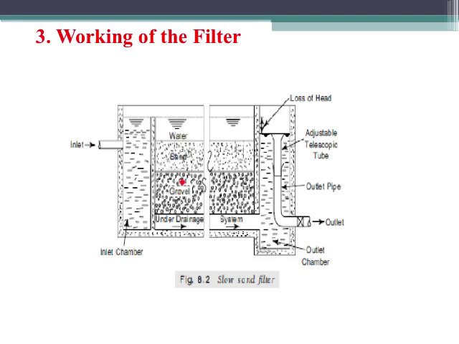The effective size D10 of the sand varies from 0.2 to 0.4 mm, and the uniformity coefficient, that is D60 by D10, varies from 1.8 to 2.5 or even up to 3. The top 15 centimeter layer of this sand is generally kept of a finer variety than the rest, which is generally kept uniform in grain size.